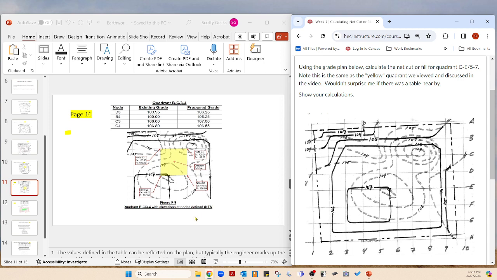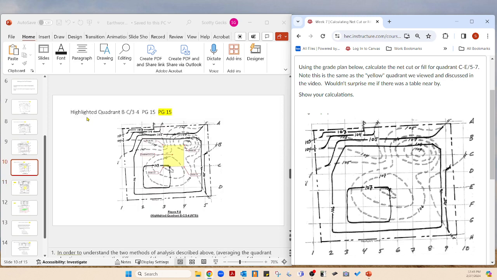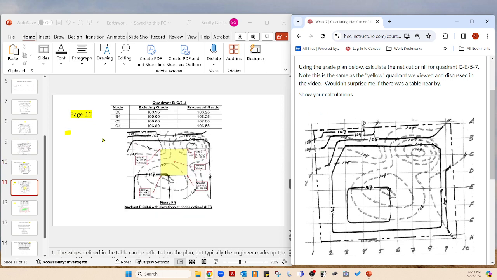I don't think you can read these. If you can, great. If you can't, I will explain it to you.